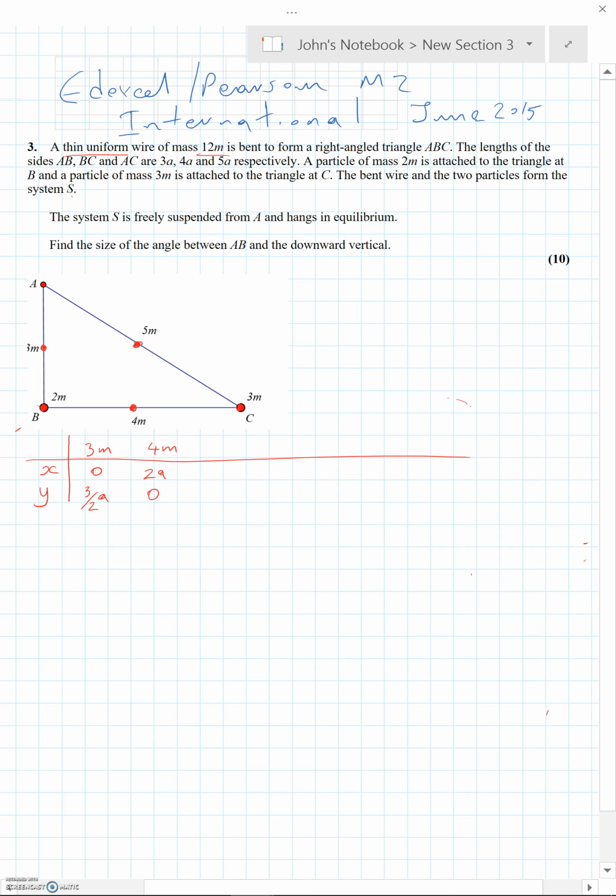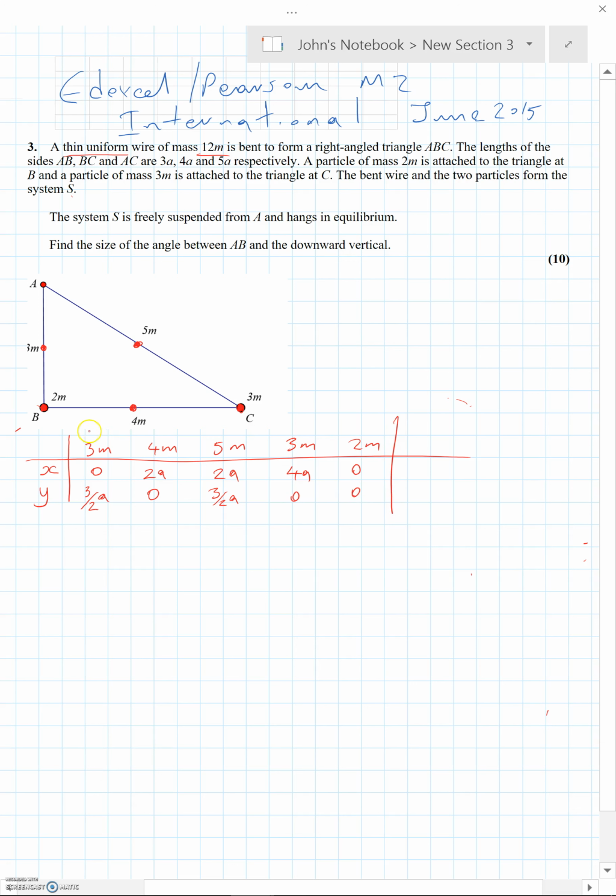And then the rod AC is going to have mass 5m and a centre of mass of 2a and 3 over 2a. Now in addition to this, you've got the two separate particles placed at B and C. So the 3m one is located at 4a, 0, and the final one here is of mass 2m, and that's at 0, 0.